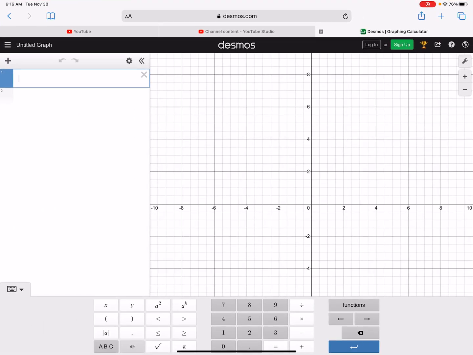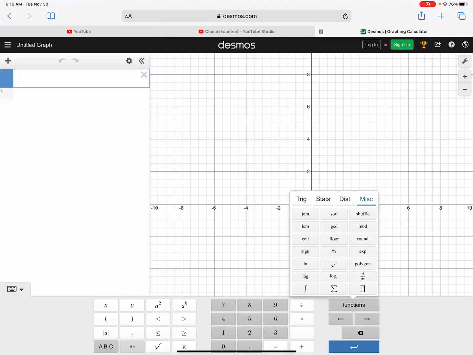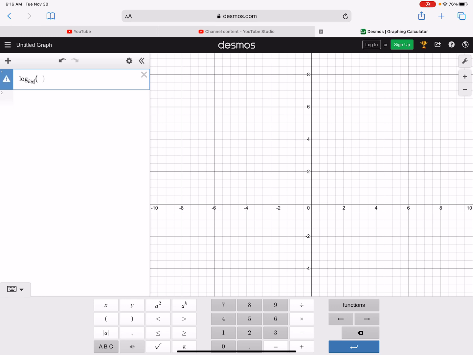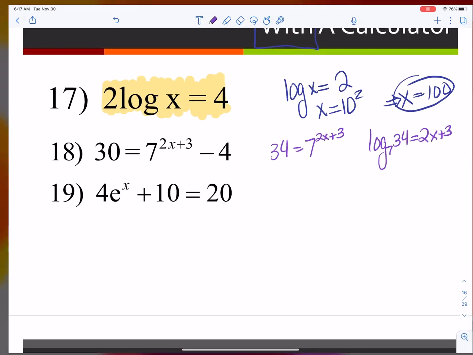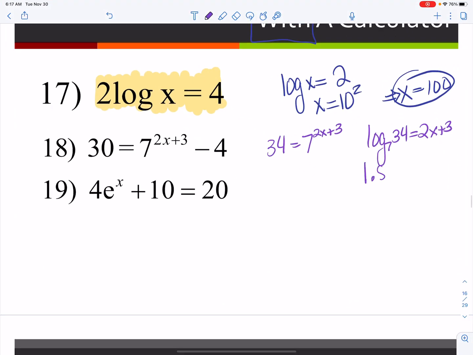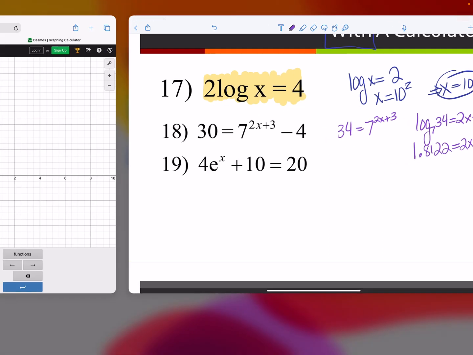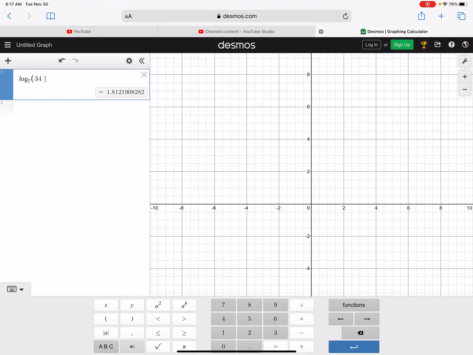Log base 7 of 34. 1.8122. 1.8122 equals 2x plus 3. So I'm now going to go to Desmos just to finish this up. So I'm going to minus 3, and then I'm going to take that and divide by 2. And just get that final answer.